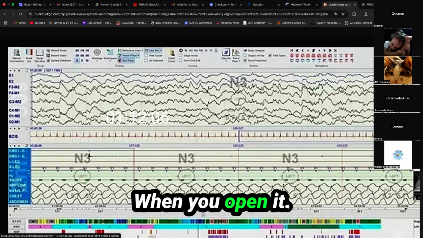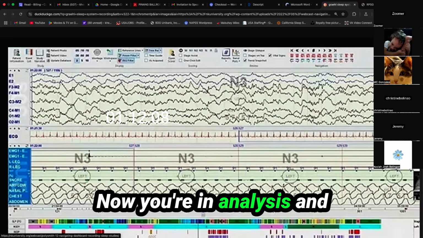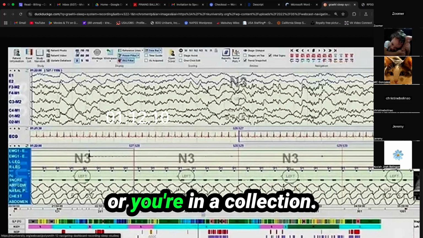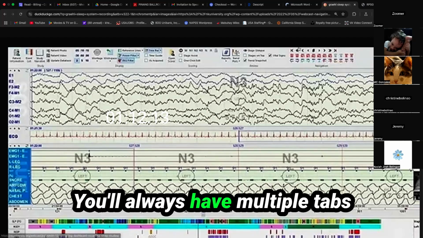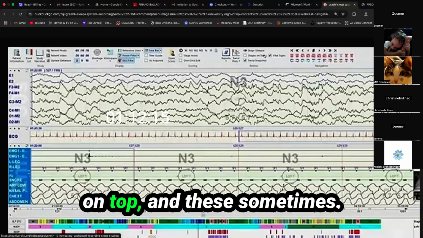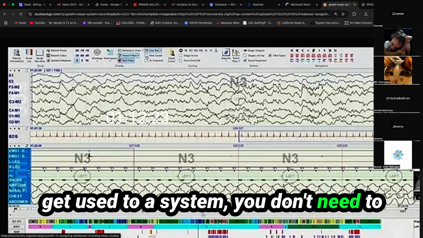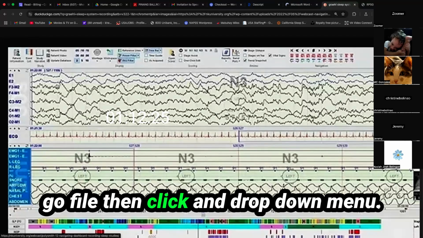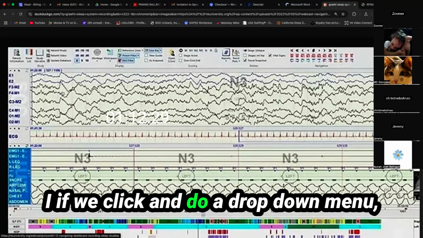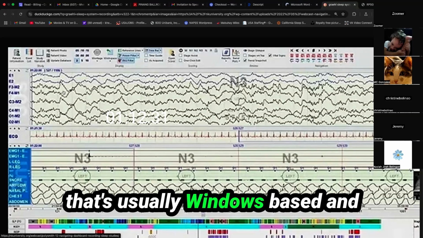When you open it now, you're in analysis or you're in a collection. You will always have multiple tabs on top. Sometimes they are icons, because when you get used to a system, you don't need to go File, then click a drop down menu. If we click and do a drop down menu, that's usually Windows based.